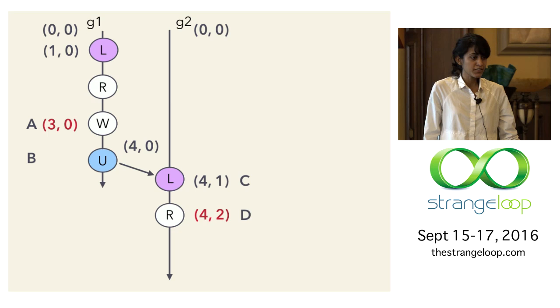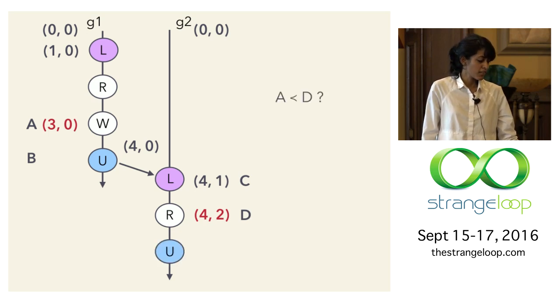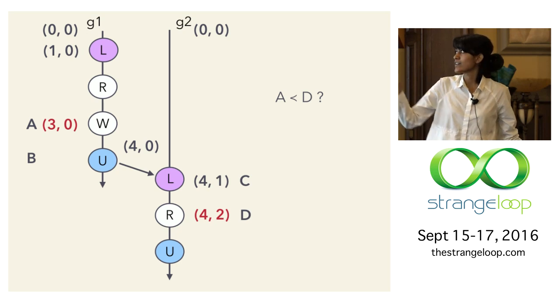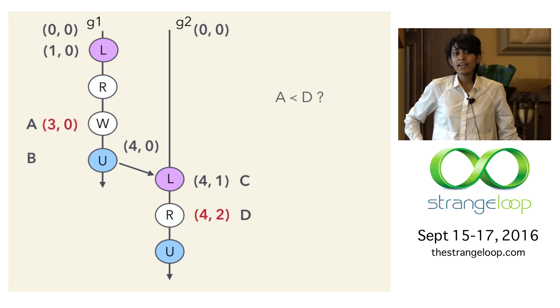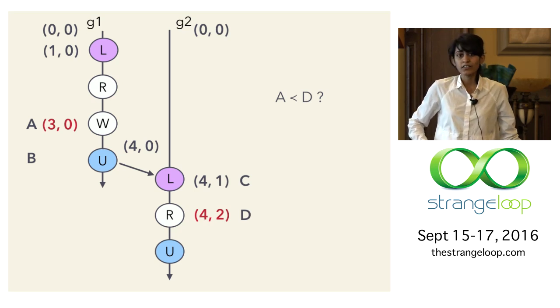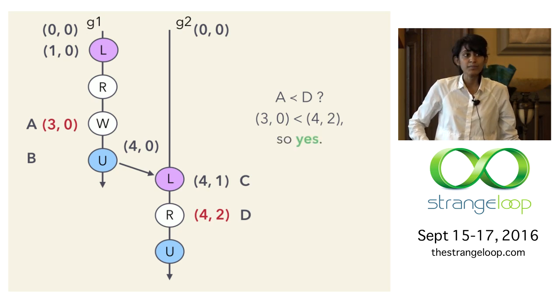And its second event. Now, our question is, does A happen before D? And the answer is, if A's vector clock is less than D's vector clock, A happens before D. Is that true here? Well, 3 is less than 4, 0 is less than 2. So yes, A happens before D.